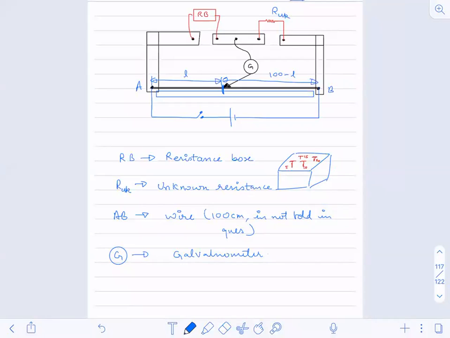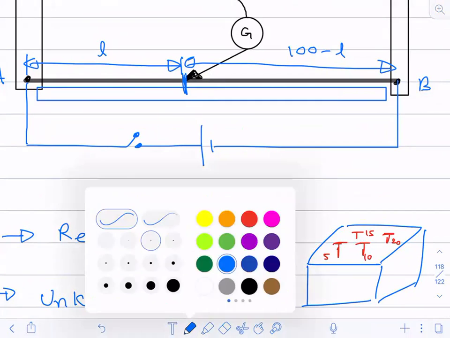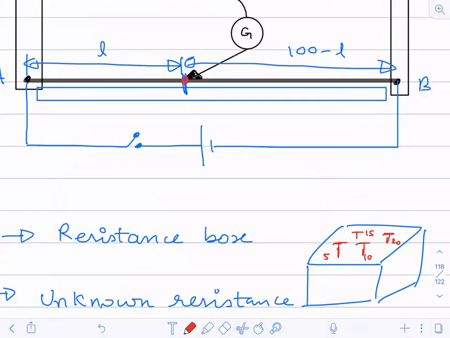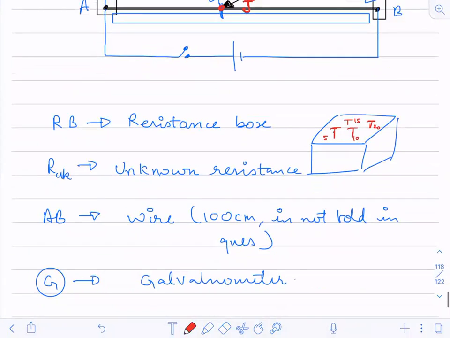Is everything clear now? This is jockey. This arrow here, if you can see, I'm zooming it, is the jockey. This point here is J, and J means jockey.